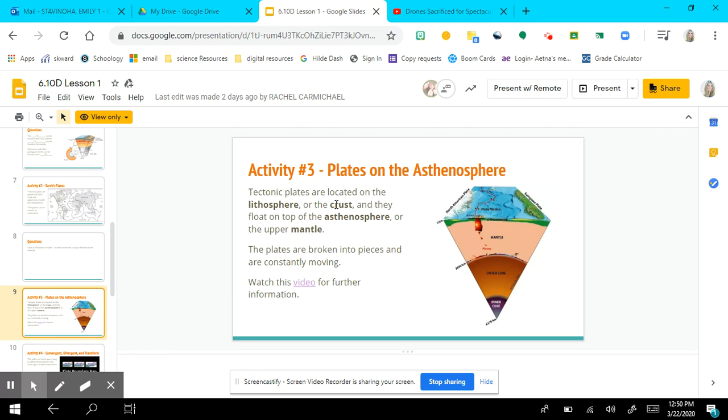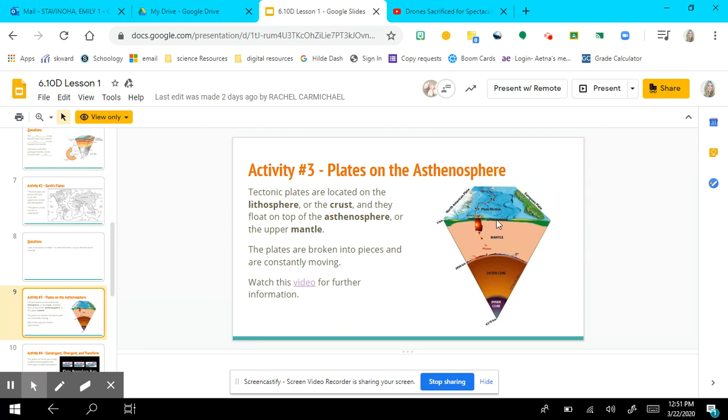Activity 3, plates on the asthenosphere. Tectonic plates are located on the lithosphere, or the crust, and they float on top of the asthenosphere, or the upper mantle. Okay, so here we have our lithosphere, and here we have our mantle.